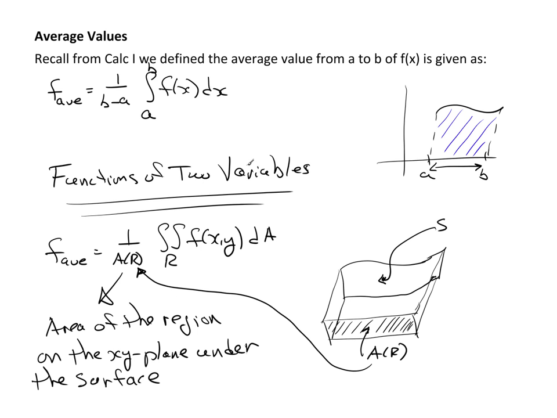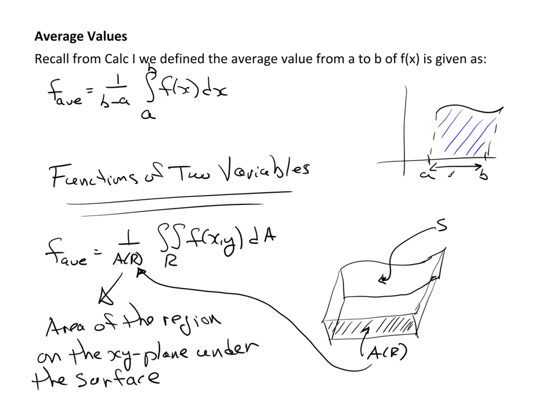So the analogy back into Calc 1, I'm going to take the total area under the curve divided by the length of the interval. Here, this double integral, I can think of as a volume. So I'm going to take this volume and divide it by the total area that this surface sits over top of, just like this curve sits over top of this interval.